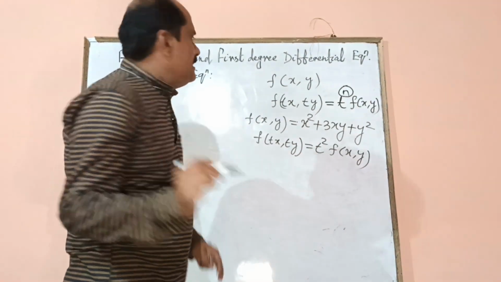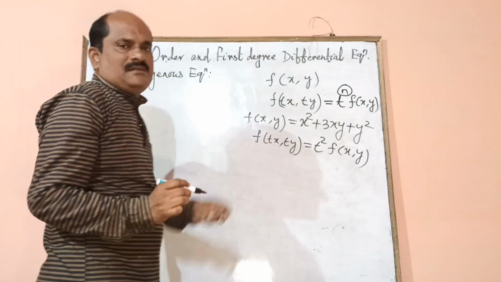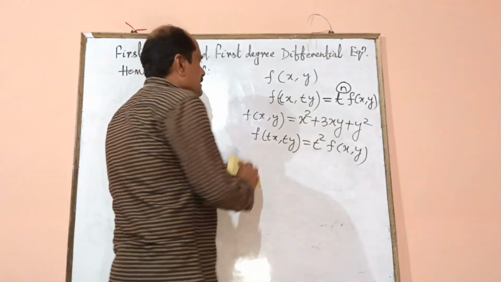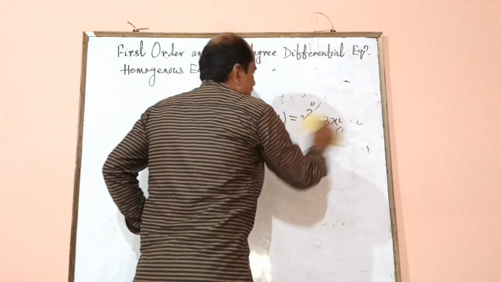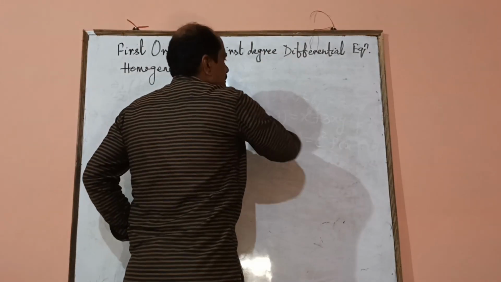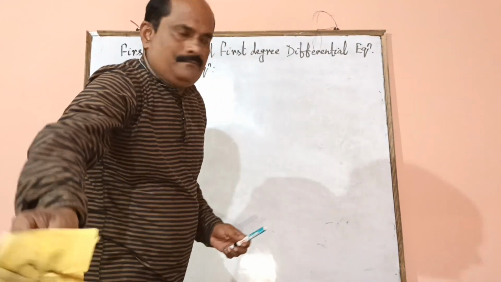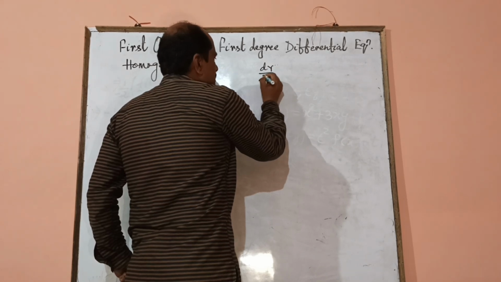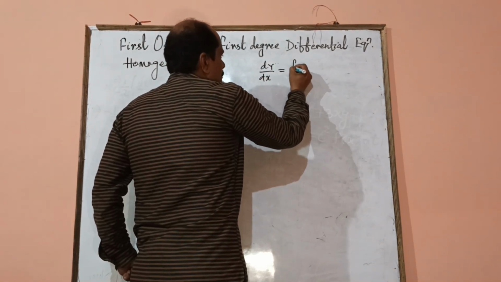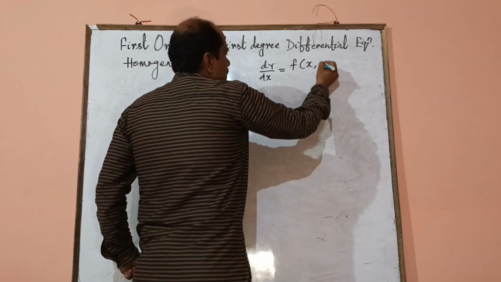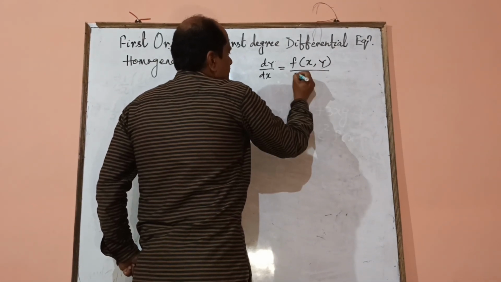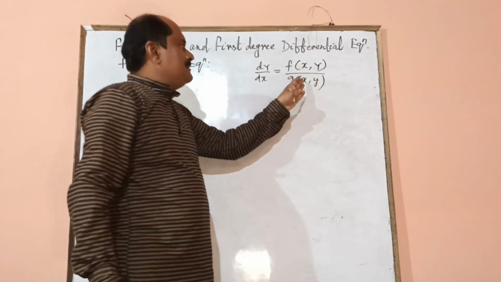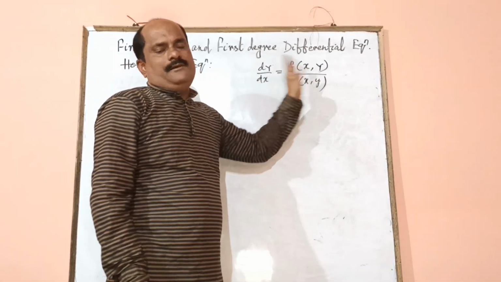Now we study what a homogeneous equation is in differential equations of first order and first degree. Let us consider a differential equation dy by dx is equal to f(x,y) by g(x,y). That is, the right hand side of this equation is a function of x and y.